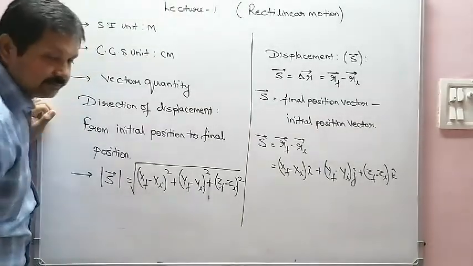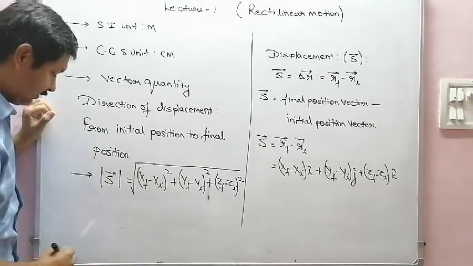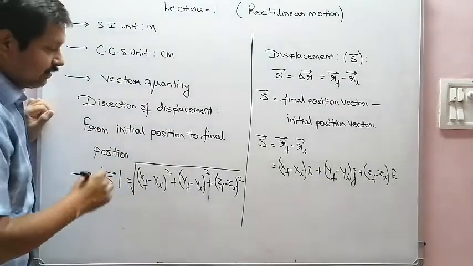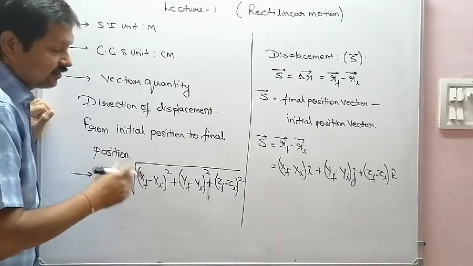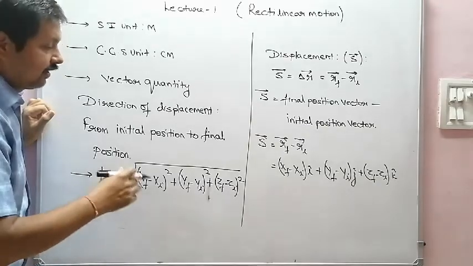Since this formula is the distance formula, from here we can say that the magnitude of displacement is the shortest or only distance between the two positions, that is initial and final position.